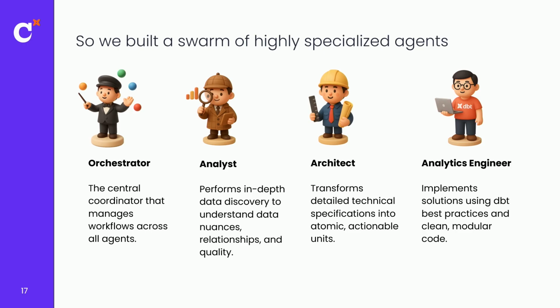And then the architect, who's kind of like the brains of the operation, who takes our detailed tech specs and breaks them down into milestones and checklists for the AE agent to follow. And then, of course, the AE agent, with his fancy little DBT shirt there, who writes, documents, and tests this production-grade code up to our standards. So not a bad-looking team, right?